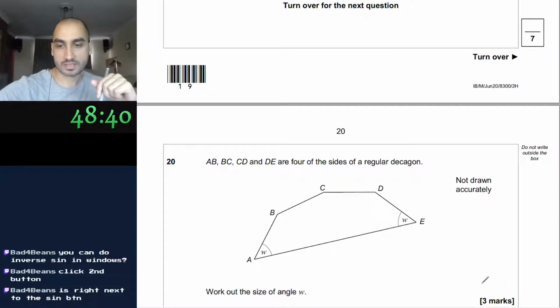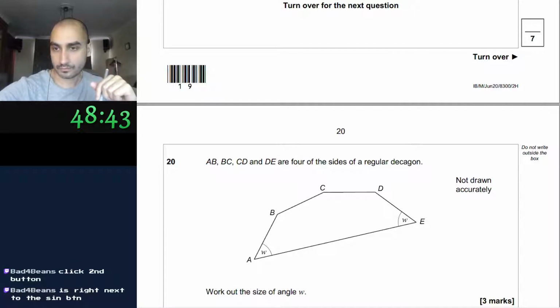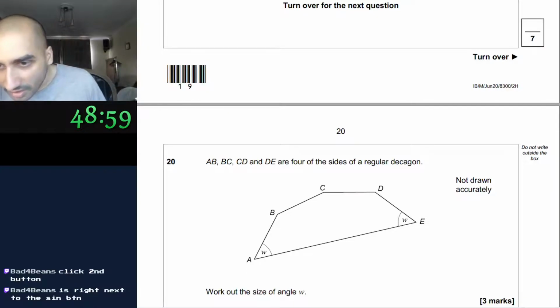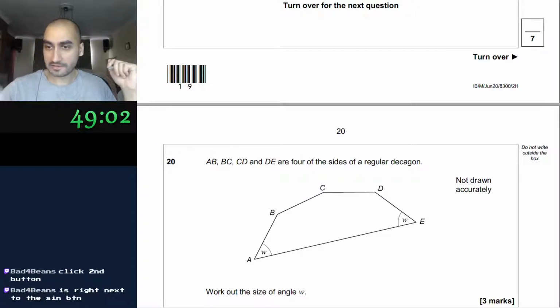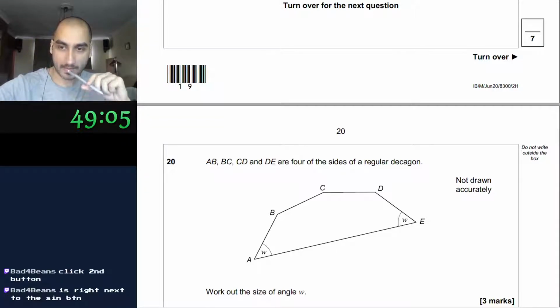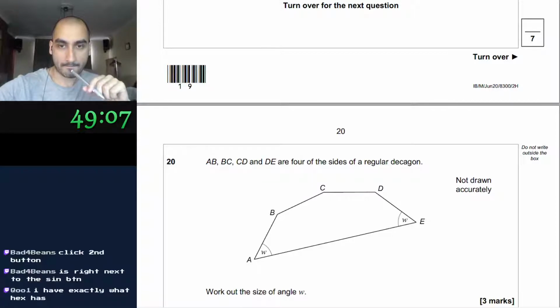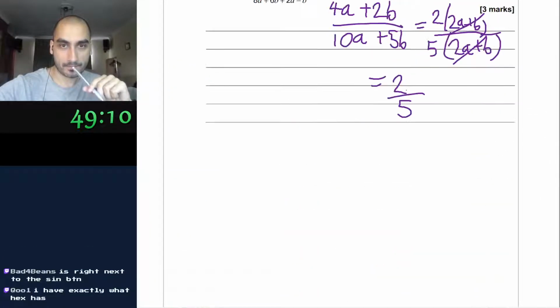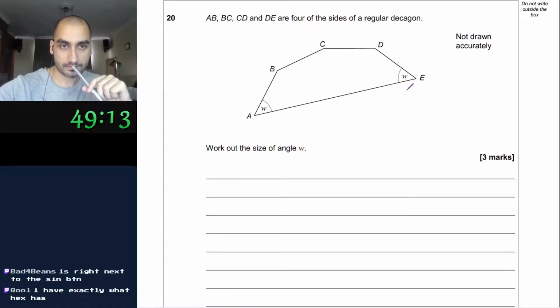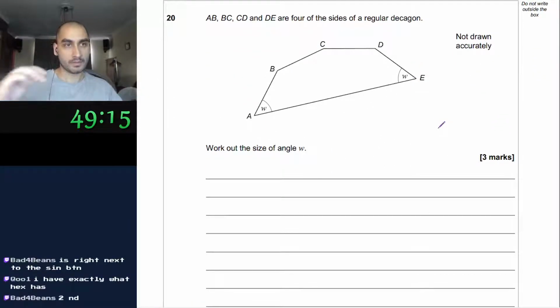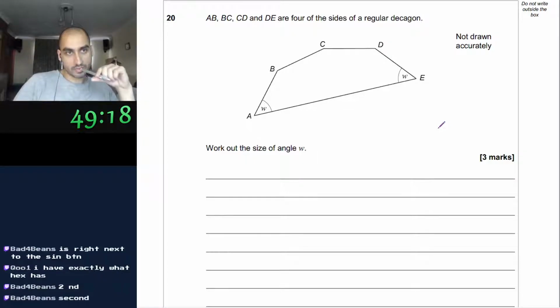Second button right next to the sine button. Right next to the sine button, I've got the cosine button. But no inverse sine. I've got sec below, I've got cosine to the right, and I've got... I don't know what that is, 2nd to the left. 2nd, second.